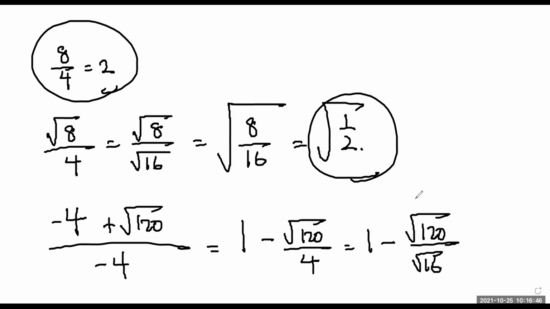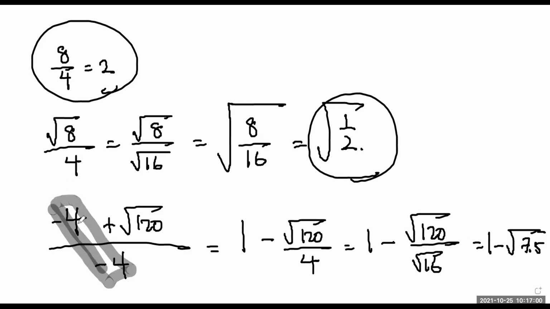When you divide that out, it becomes the square root of 7.5, or 15 over 2. Very important. Please don't be tempted to just divide these numbers because they look nice and leave it as square root of 30. It is not the same.